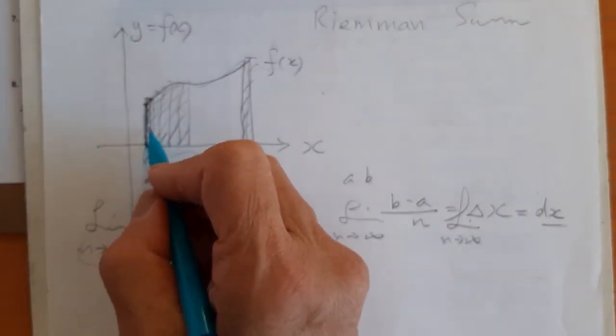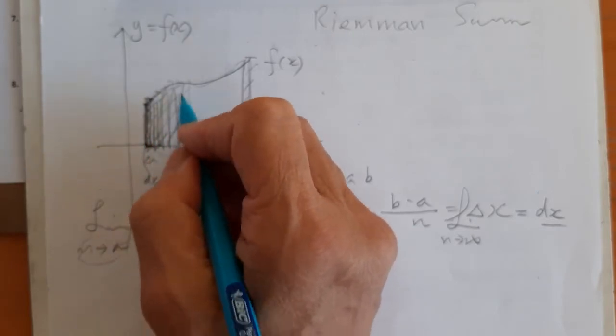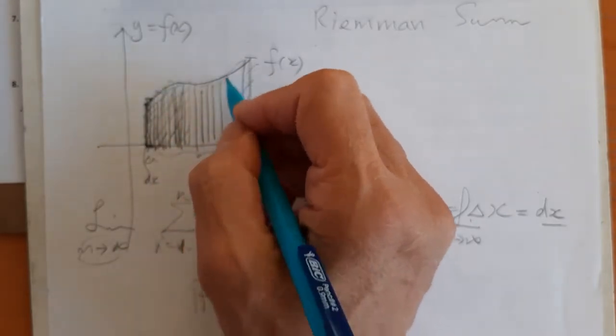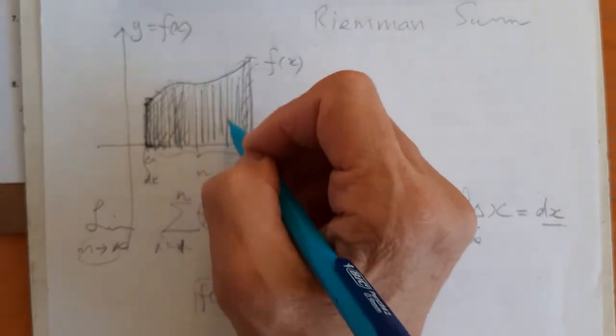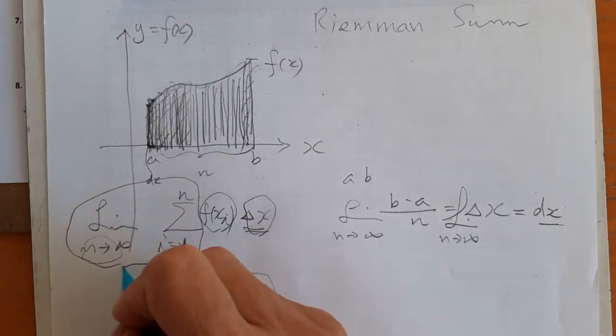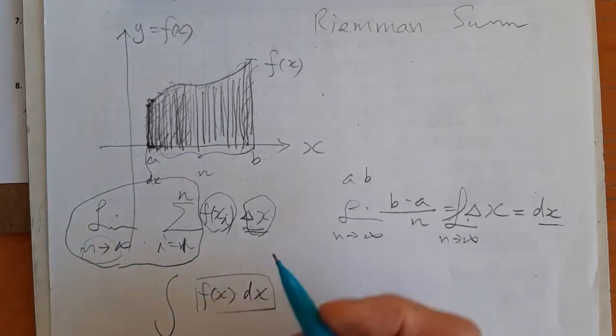Such infinite areas add together, and that becomes the area under the function, under the curve. When n goes to infinity, such areas add together, and this becomes a continuous sum.